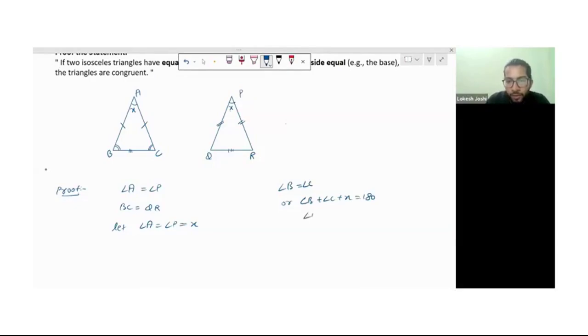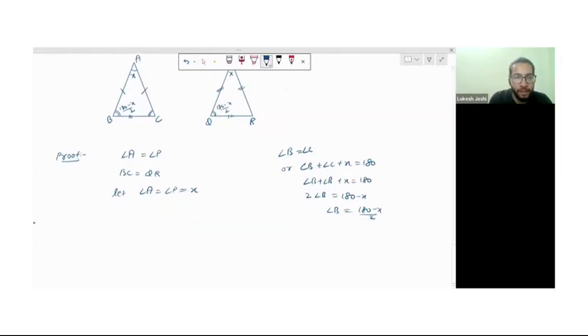Since B is equal to C, angle B plus angle B plus X is equal to 180, or 2 times angle B is equal to 180 minus X, so angle B is equal to (180 minus X) by 2. If we perform the same thing, we also get angle Q is equal to (180 minus X) by 2.